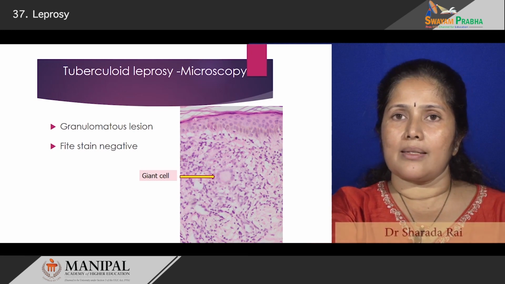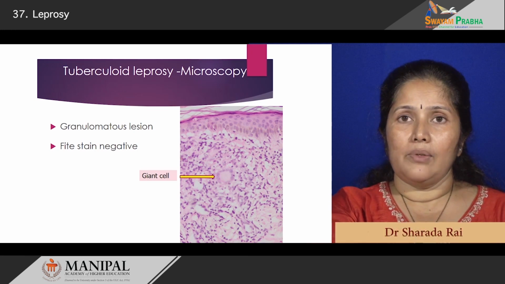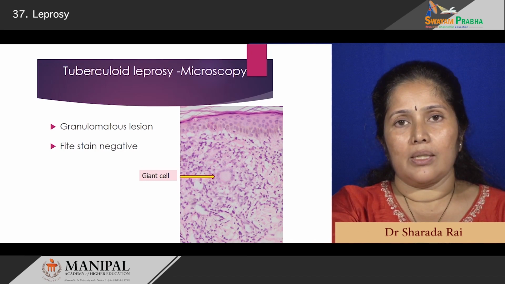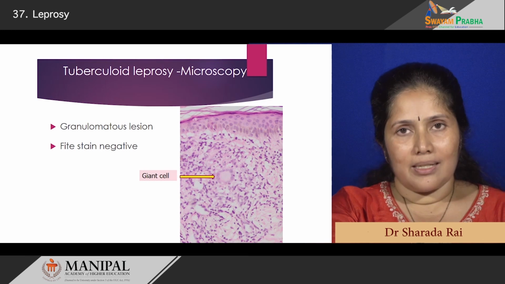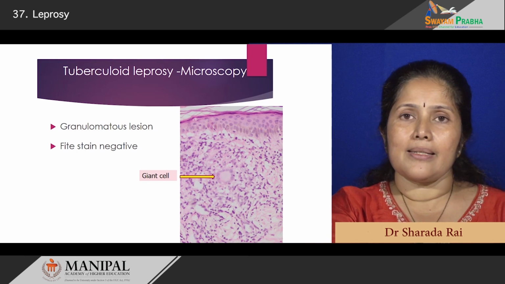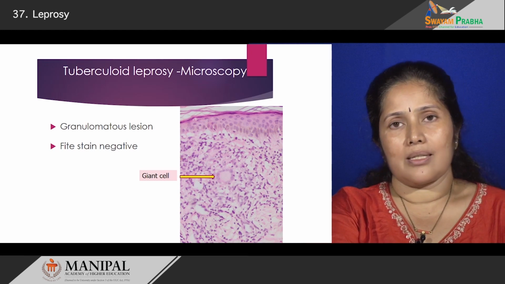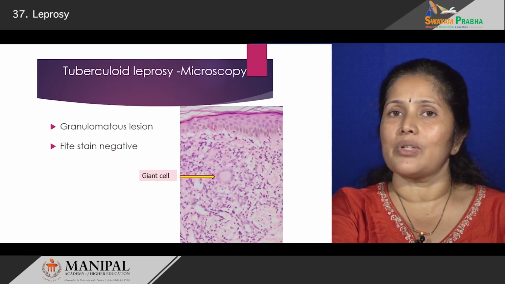So, to summarize what we learned today, we looked at the disease of leprosy, and we saw that it is caused by Mycobacterium leprae. It is inhaled by us, and via inhalation it reaches the lung, where it proliferates in the macrophages.